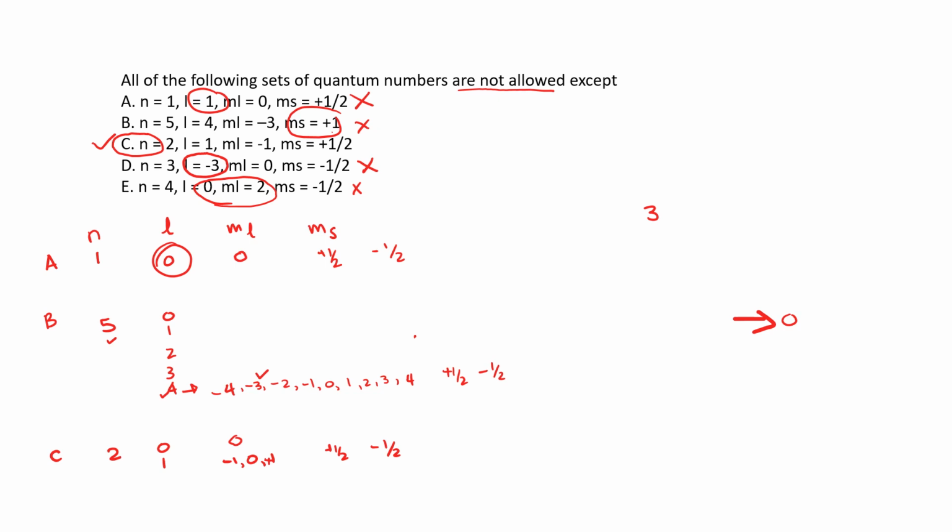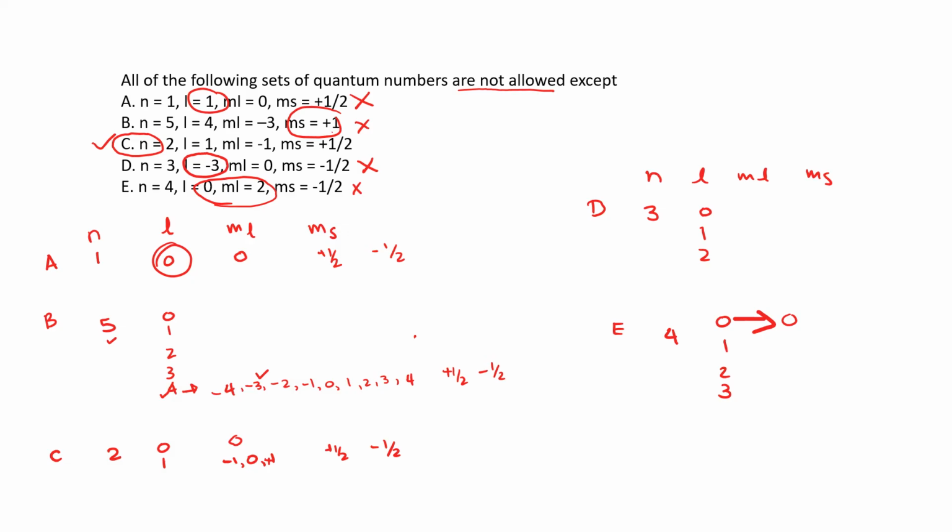So if you want to go ahead and mark this as your answer, or you can analyze D and E as well. Let's analyze D and E as well. Your n equals 3, that means you can have l values 0, 1, 2, and not minus 3. l cannot be minus 3. So no, this is not the correct answer.